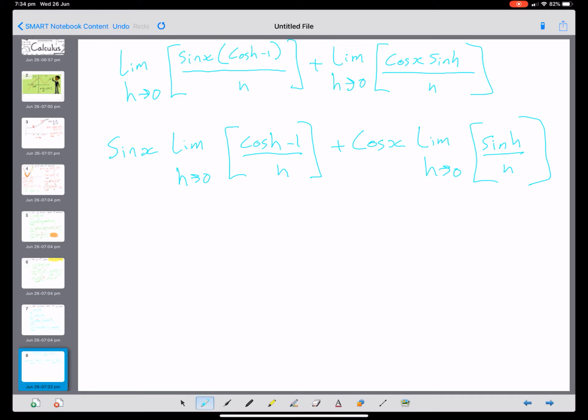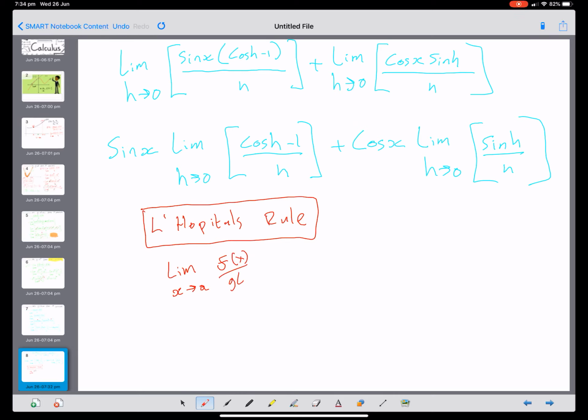L'Hopital's rule says that if we take the limit as x goes to a of f of x over g of x, that is the same as taking the limit as x goes to a of f dash of x over g dash of x.